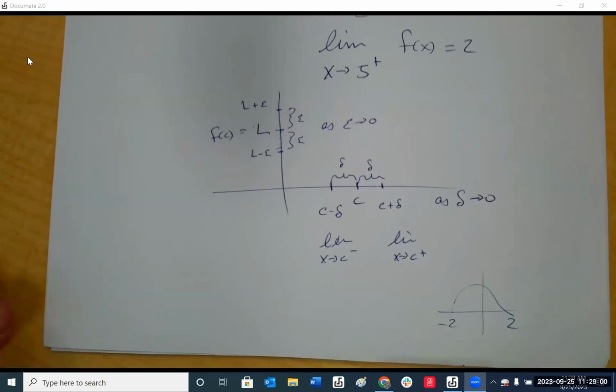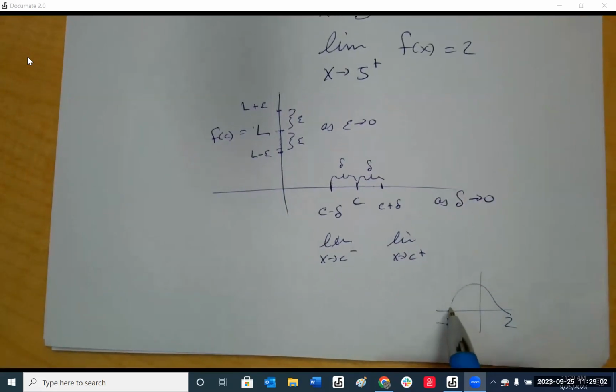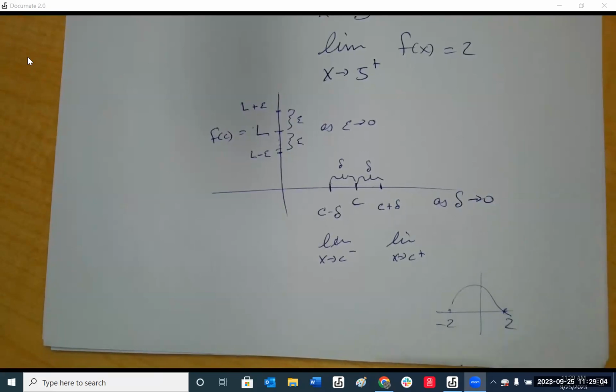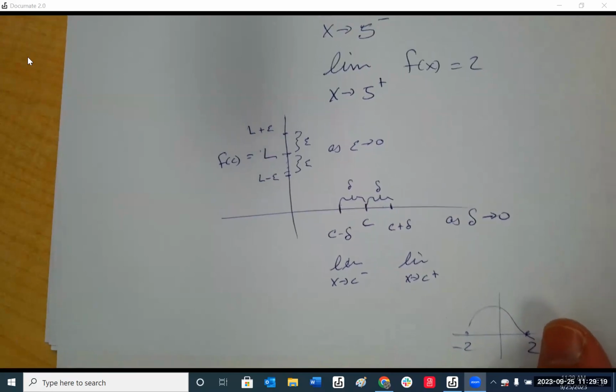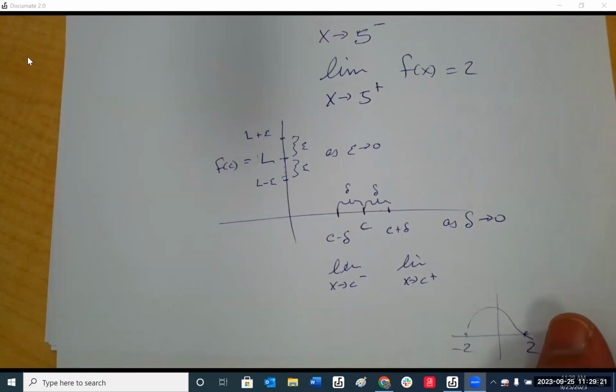Remember that one? The half circle? We had endpoints here. Is it continuous? Well, it is continuous on this bound, but it's not continuous over the whole domain. So we have to determine where it's defined. That's the part that we have to be very careful about.